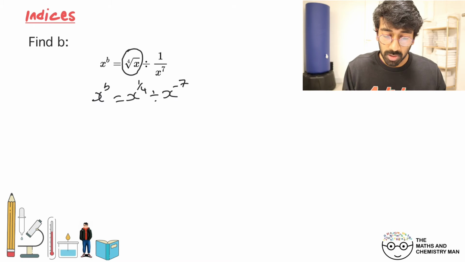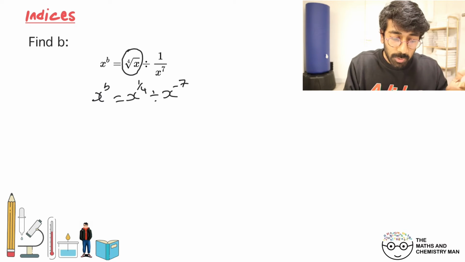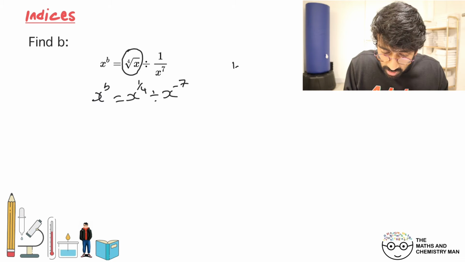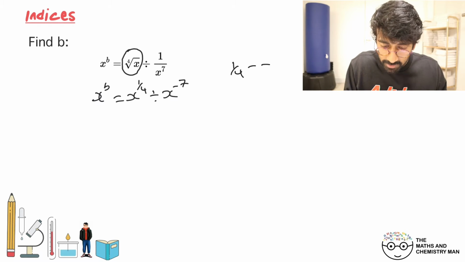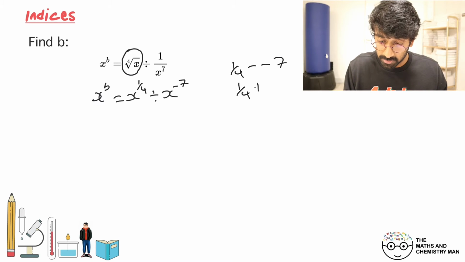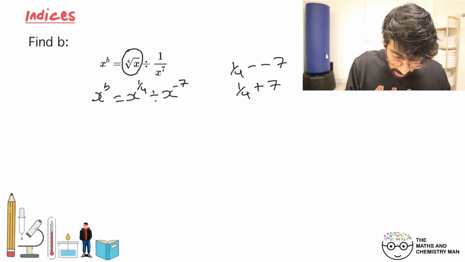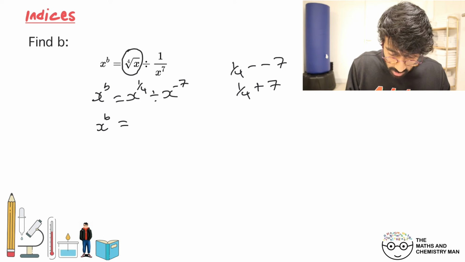So then we need to do 1/4, and then be careful because you take away the powers, but this is -7. So what sum are we actually doing? We're doing 1/4, take away -7. In turn, that's just going to be 1/4 plus 7. There you go. So you can leave it as 7 1/4. So maybe we can go like this. x to the b is equal to x to the power of 7 1/4.